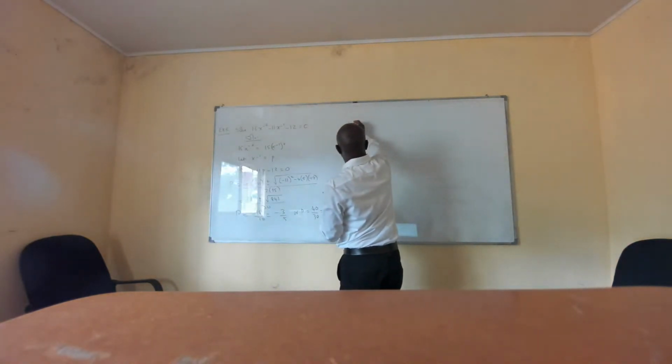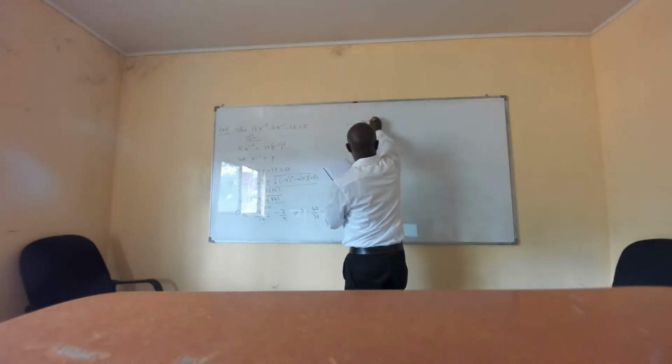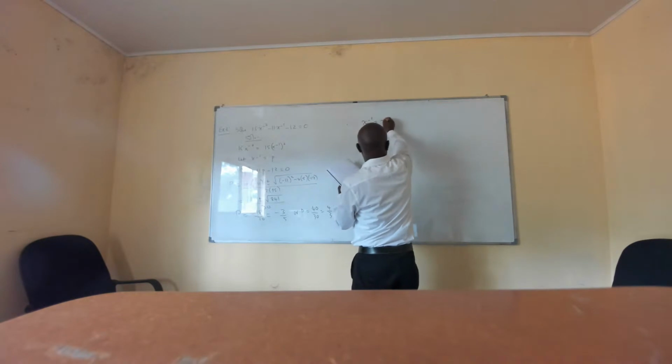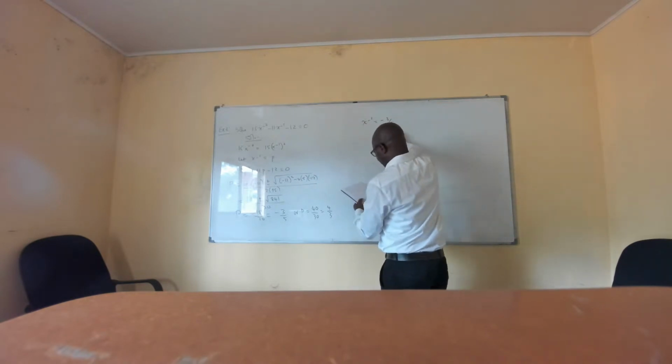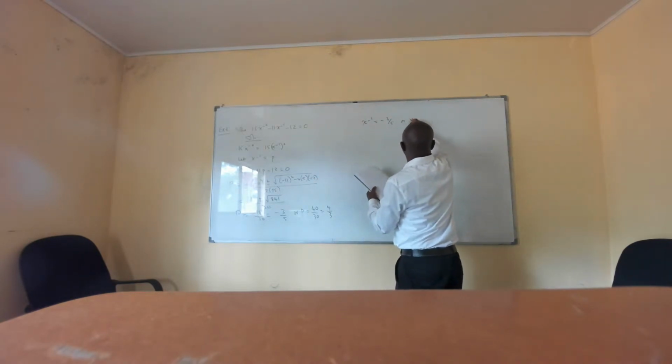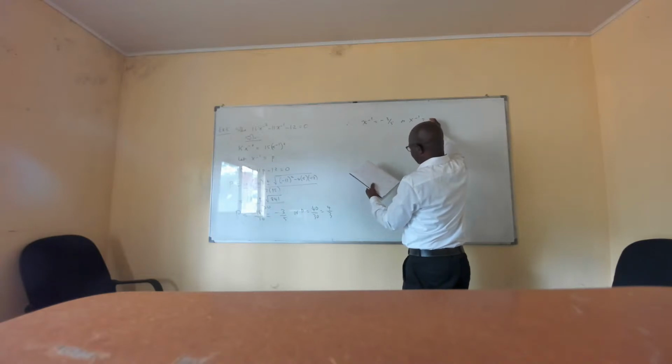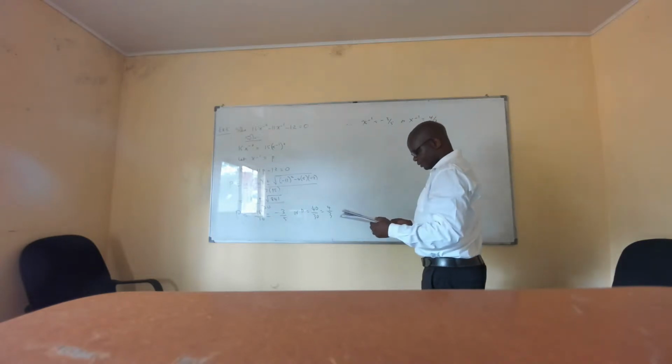So therefore, we have x to the power minus 1 will be equal to minus 3 over 5, or x to the power minus 1 is actually 4 over 3.